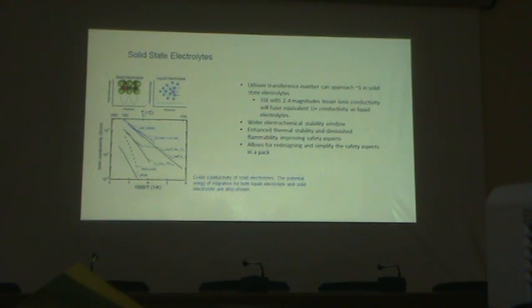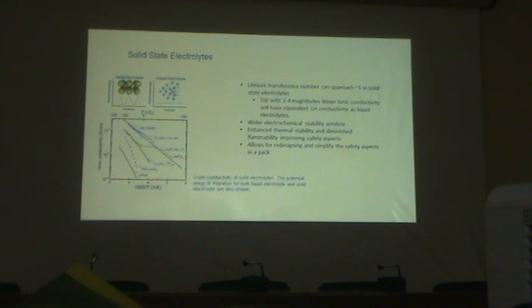Advantages compared to the liquid electrolytes would be a wider electrochemical stability window. Not only that, but chemically these solid electrolytes, if we are talking about, let's say, garnets and perovskites, which are certain families of compounds you use as solid electrolytes, are very stable chemically against lithium, and also on the higher voltage side, on the cathode side.